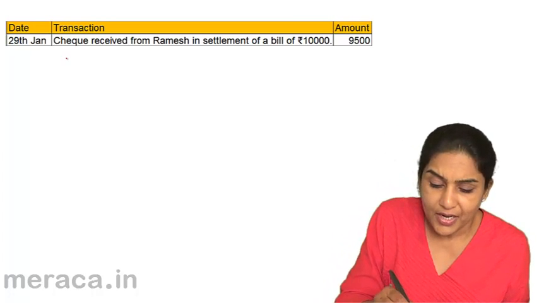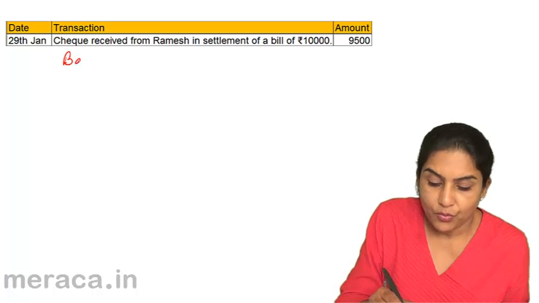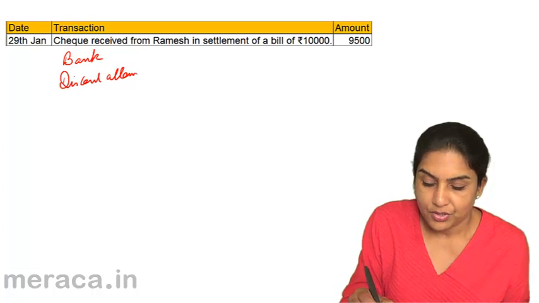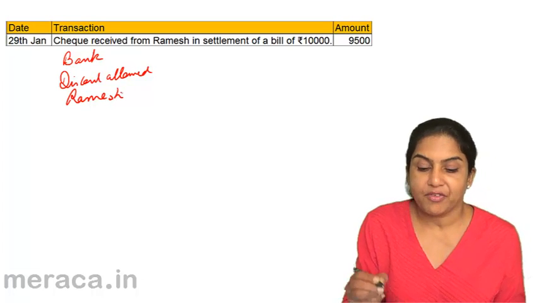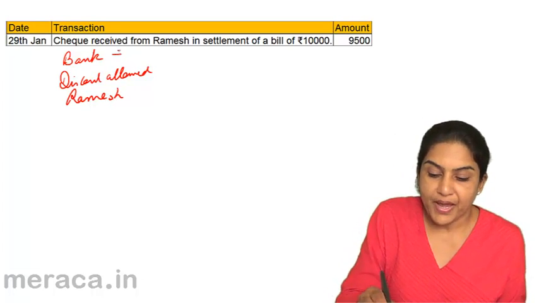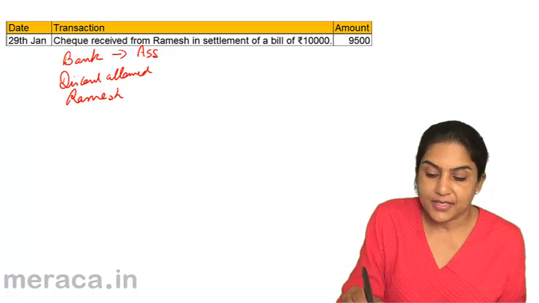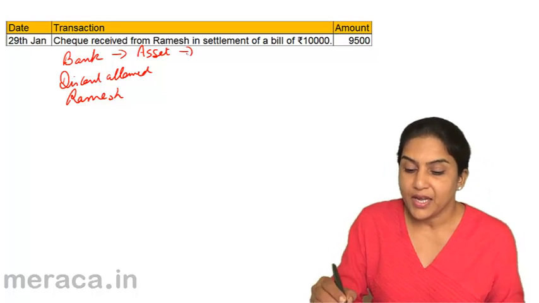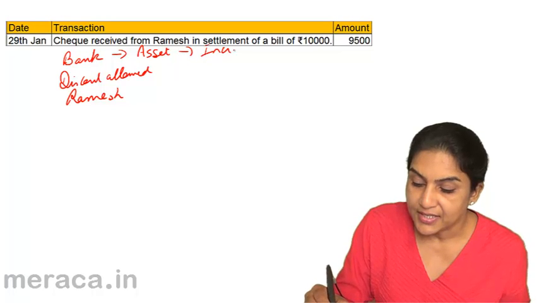So what are our accounts involved? One, you have bank, you have discount allowed, and you have Ramesh's account. What is bank? Bank is an asset, a receivable. We have received money, asset has increased.